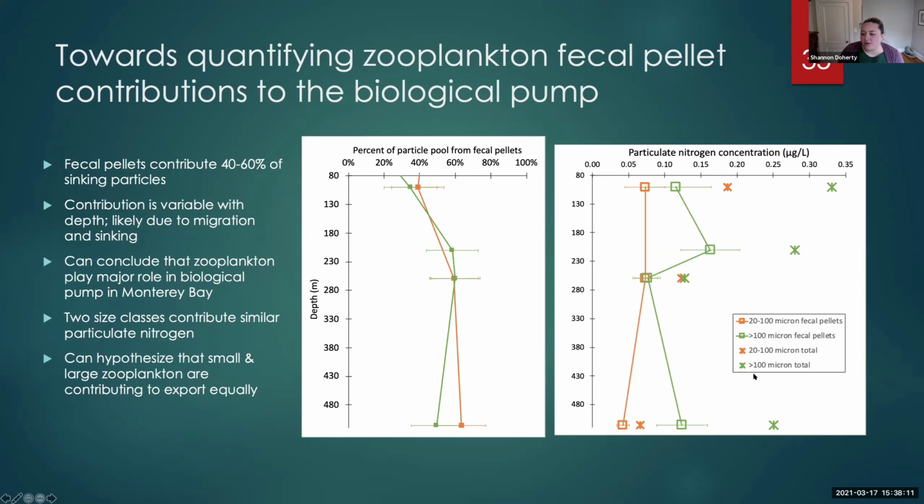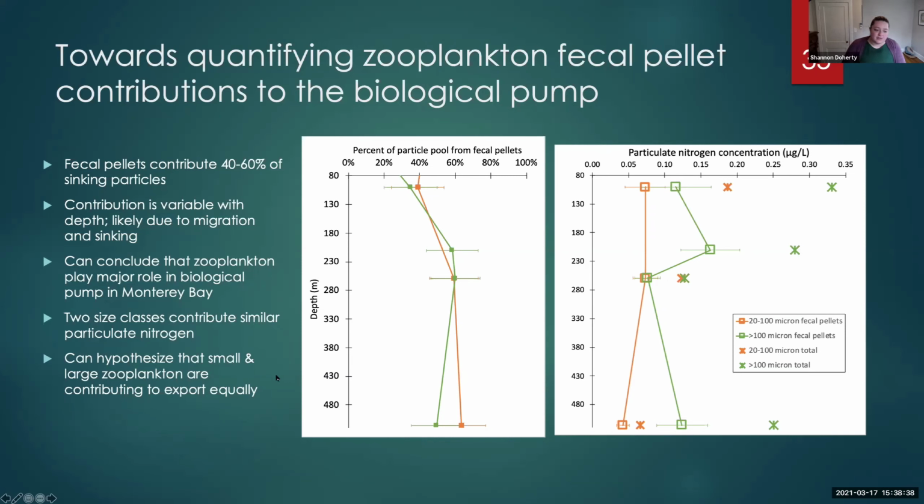And then the stars are the total nitrogen concentration in these particles overall. And what we gather from this is that, yes, it is variable with depth, but generally these two size classes contribute similar particulate nitrogen in their fecal pellets. So you can see that these concentrations are relatively similar. And that's despite having very different concentrations with depth between the two particles overall.